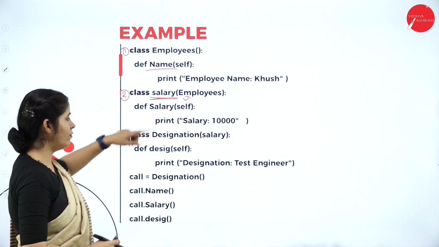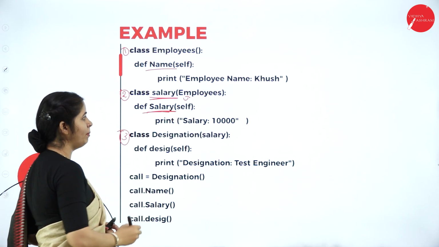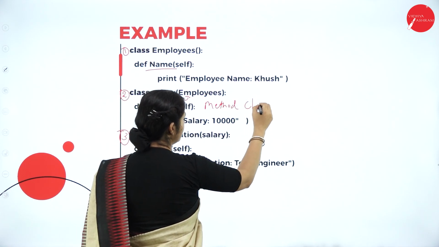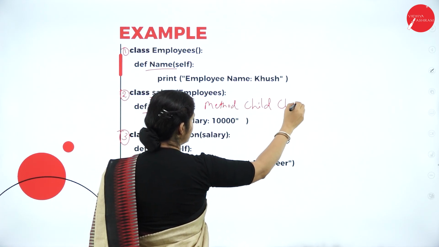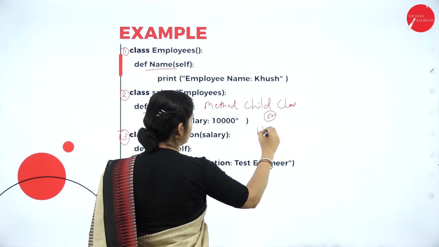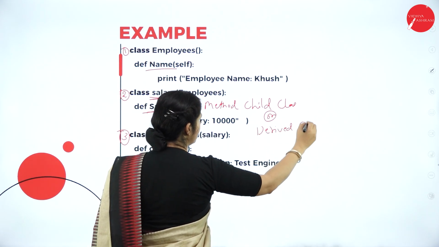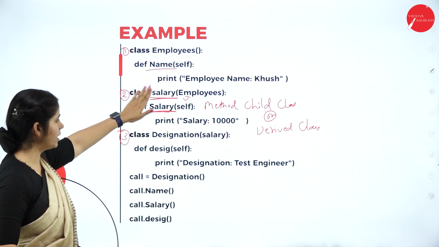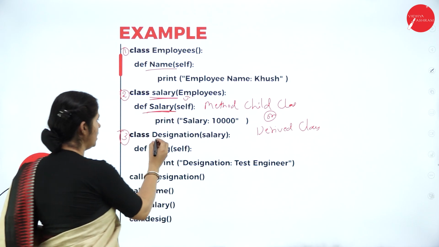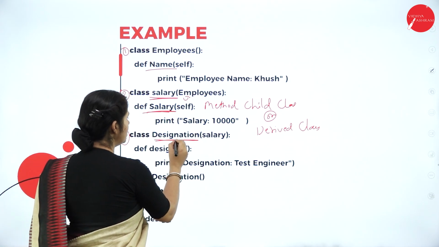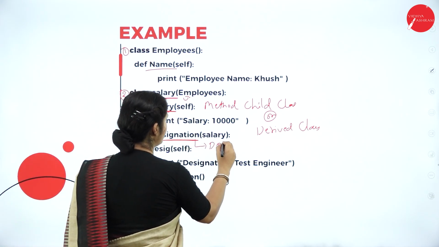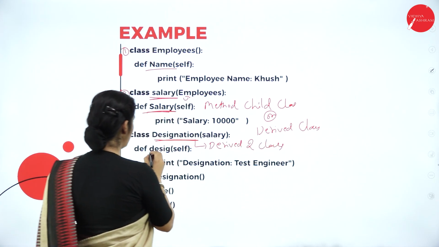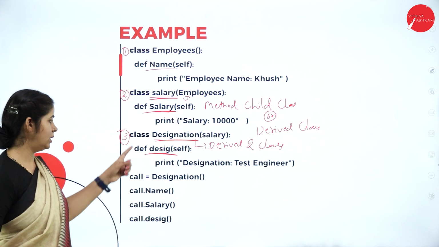After that we have one particular method, a method of the child 1 or derived class, right? From this salary, he is working in that particular designation in the company. So this is also called derived 2. Here also we have one method, that is designation.